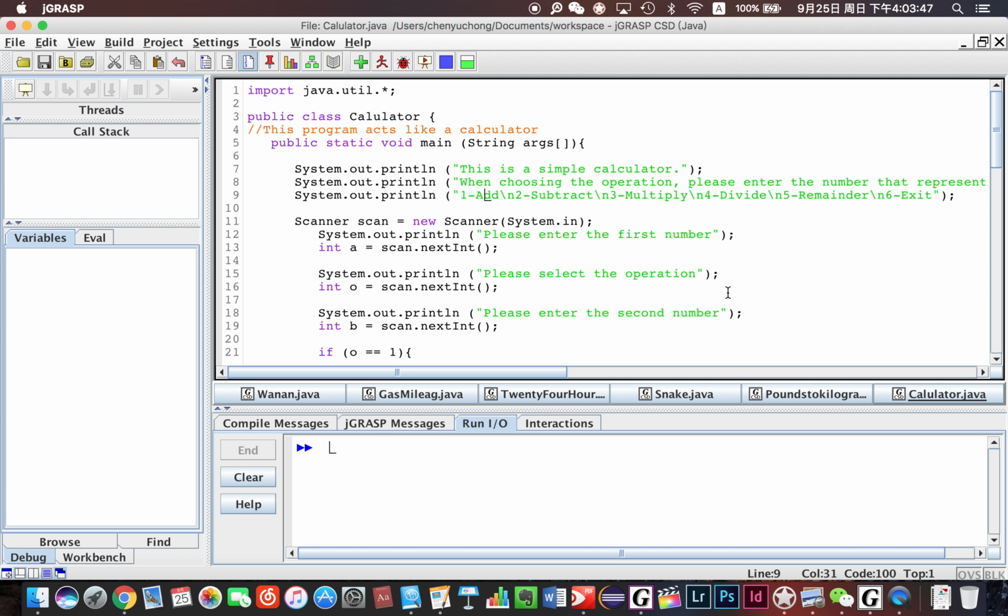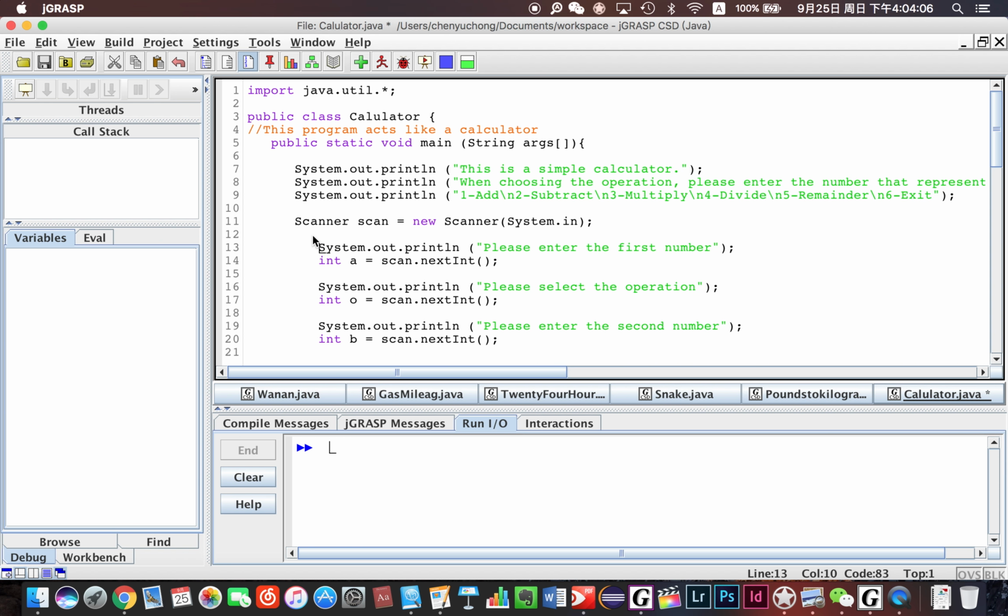If we ask the users to enter numbers, then we can determine which one they want to use. And here, this is the sentence where we gain the information from the users.